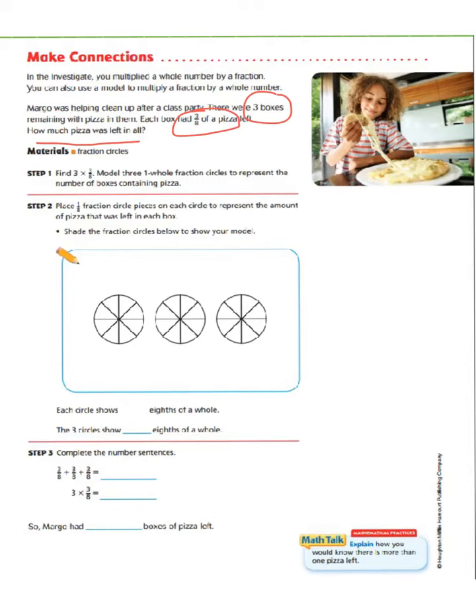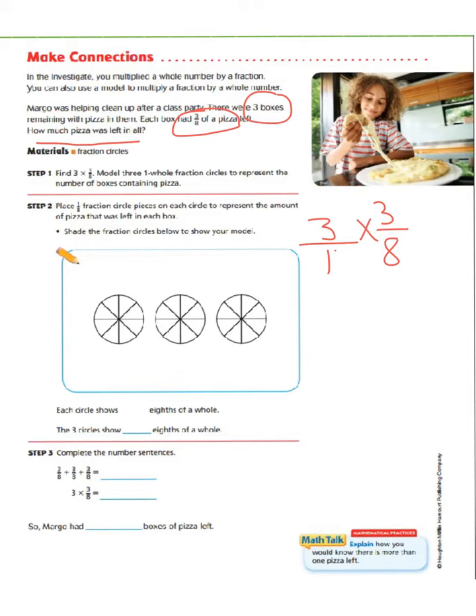So the very first step we need to do is to find 3 times 3/8. Well, we know that 3 is a whole number, so we can represent our whole number as a fraction over 1. So 3 over 1 times 3/8. Anytime we multiply, the very first number represents the number of equal groups.